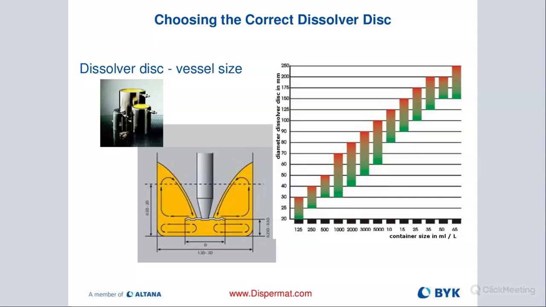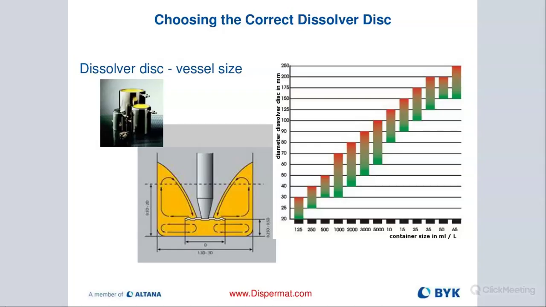Just for example, if you were taking a 1000 milliliter or 1 liter container, you can see on that chart here on the right that we would be able to use a 30 millimeter blade and also all the way up to 70 millimeter blades. So anything in between would be suitable depending on the viscosity that we are dealing with, right?